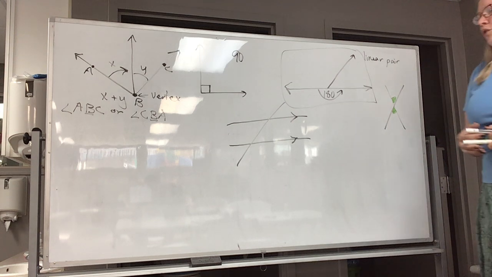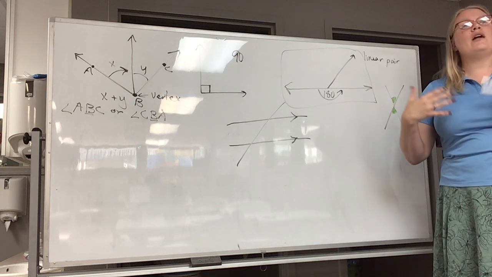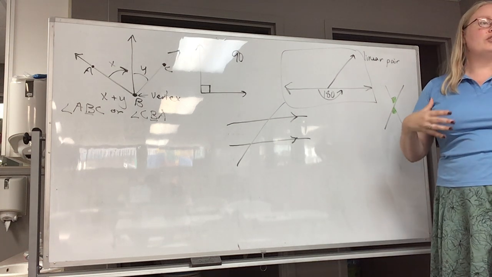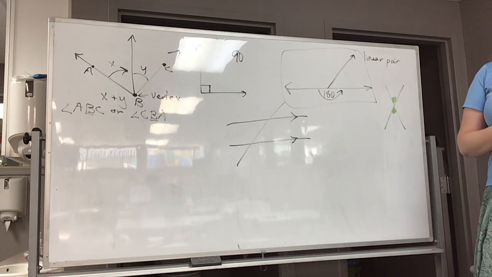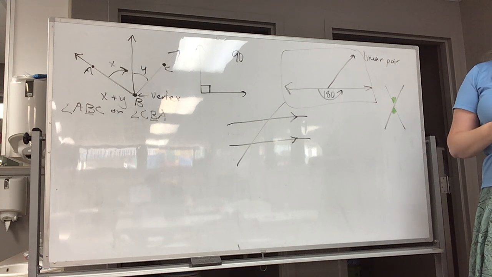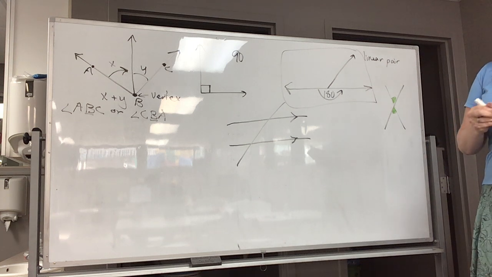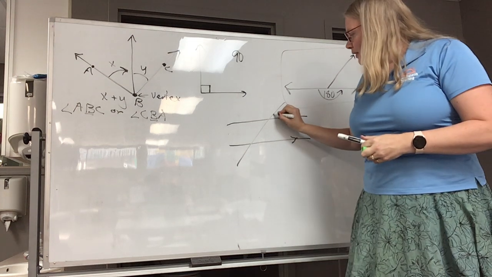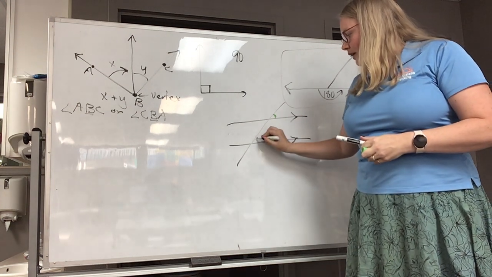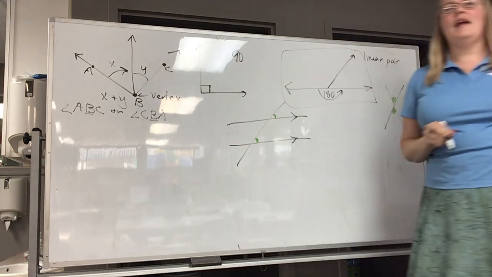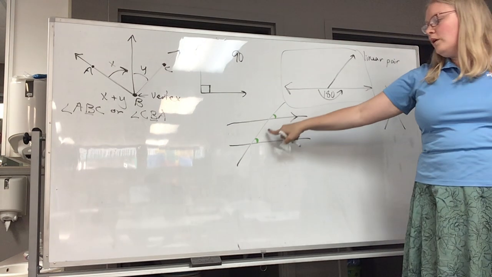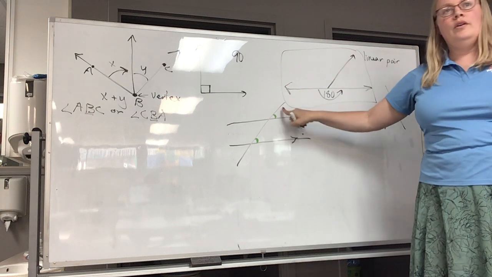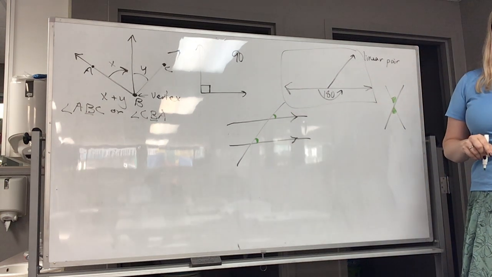They are called alternate exterior angles, alternate interior angles, corresponding angles, consecutive or interior angles. You don't have to know any of those words for the ACT. What you need to know is that this angle is the same as this angle. As long as you've got those parallel lines, the corresponding angles are congruent.